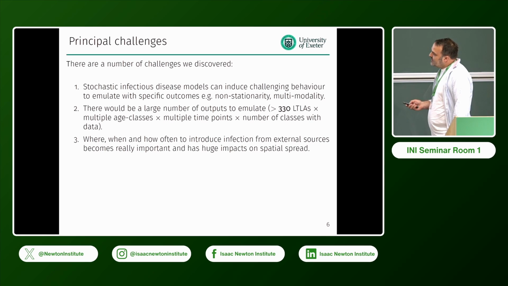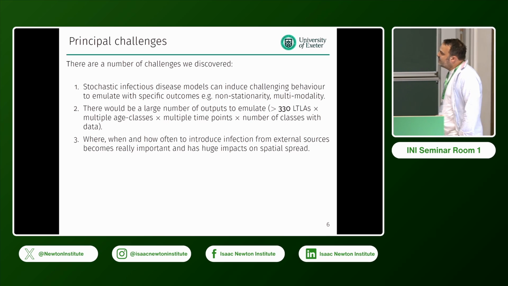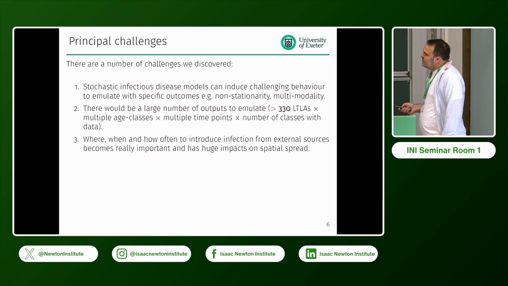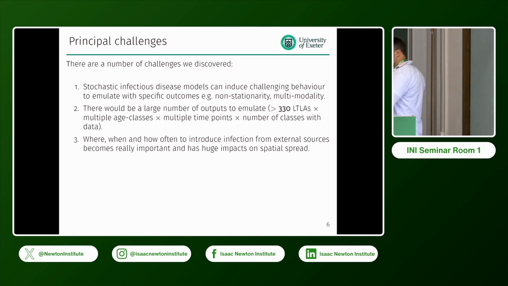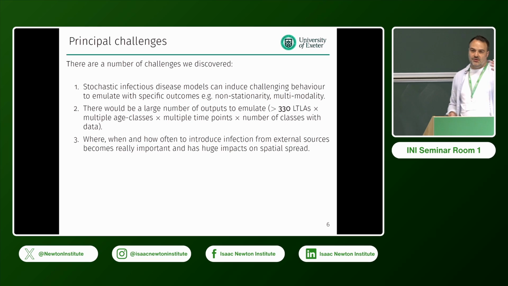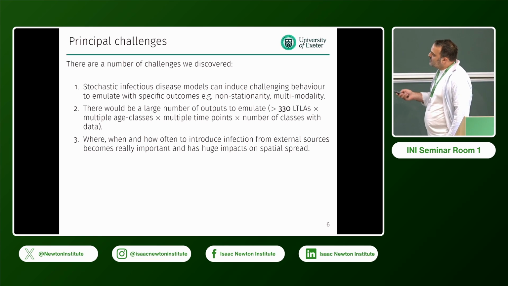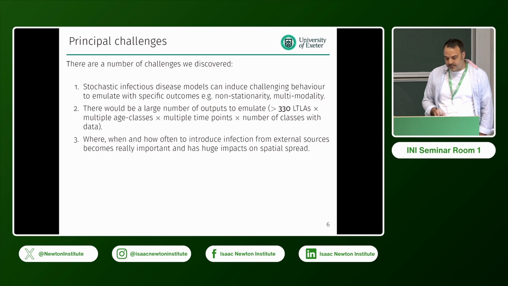One thing which I think is obvious when I write it down, but it turned out to be a massive problem for us, was that if you're using these forward simulation models and you care about tracking trajectories, then how you seed the epidemic, how you introduce infection from external sources, particularly in the early stages, becomes really, really important, and has massive impacts on the spatial trajectories, okay?